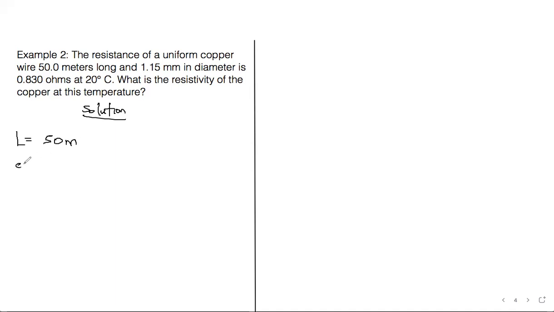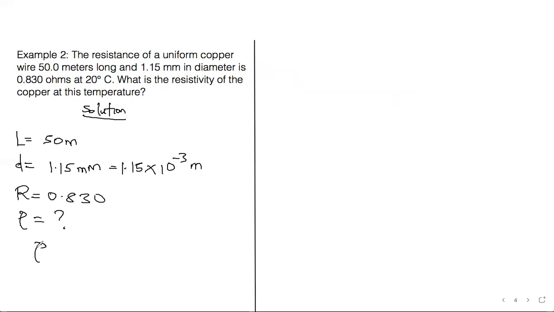This time we have diameter 1.15 mm. And if you convert that to meters, that would be 1.15 times 10 to the power minus 3 meters. So you have to make sure that the unit is the same. Then the resistance is 0.830.